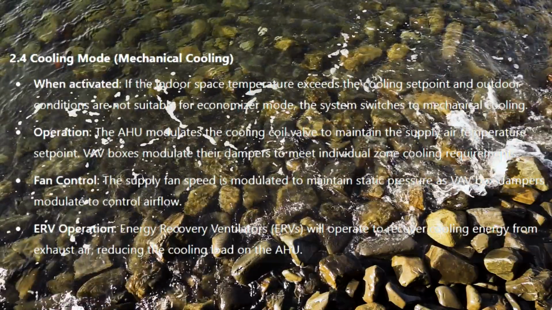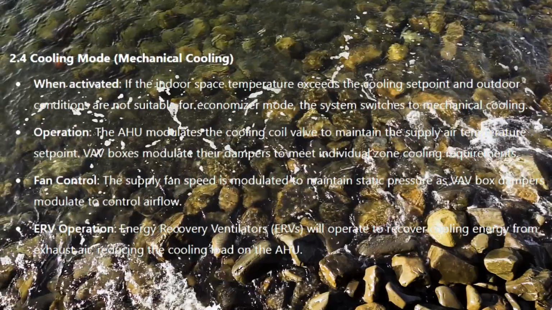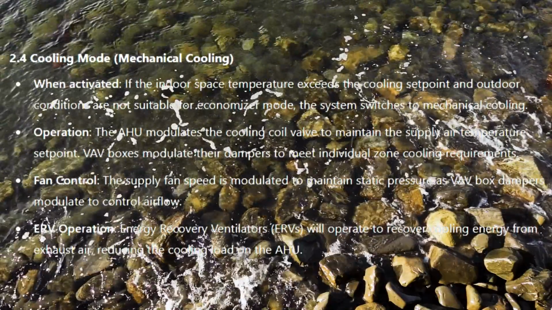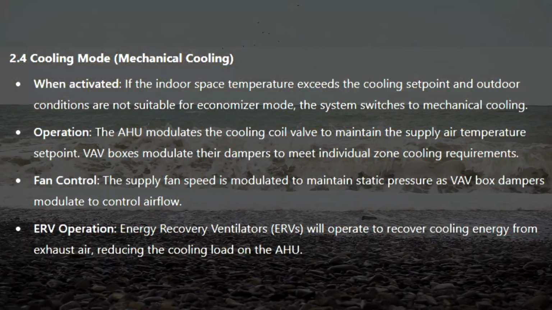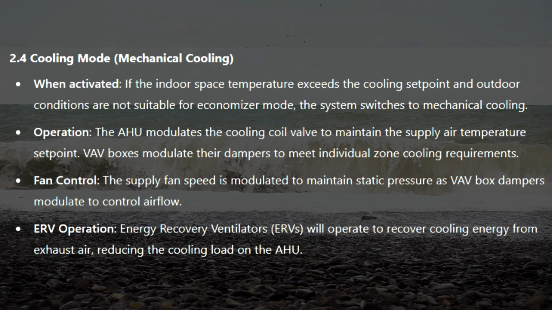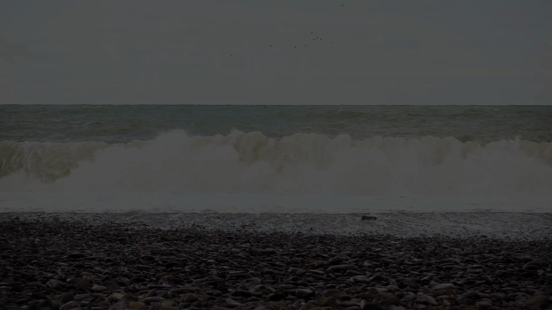Fan control. The supply fan speed is modulated to maintain static pressure as VAV box dampers modulate to control airflow. ERV operation. Energy recovery ventilators (ERVs) will operate to recover cooling energy from exhaust air, reducing the cooling load on the AHU.